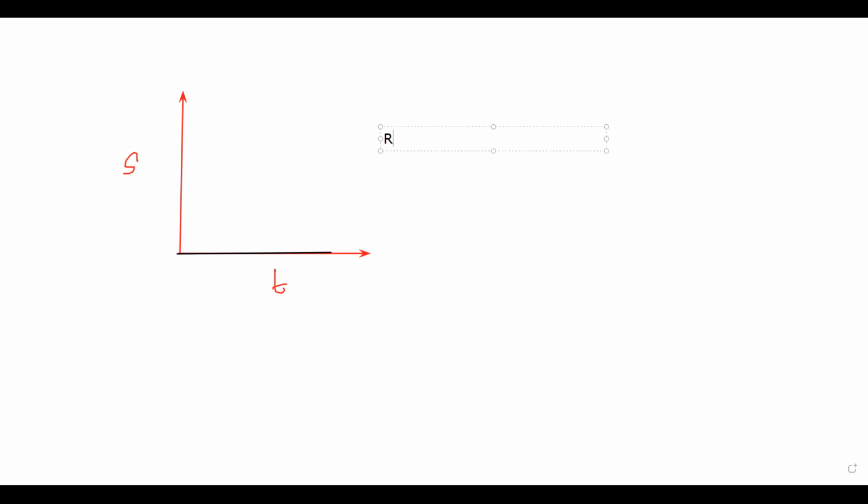You can say this object is at rest or a stationary object, or the object is not moving. Because the speed is 0, it shows that this object is not moving.